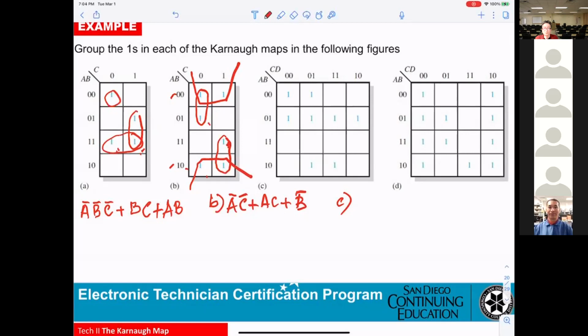Okay, the first one, I can tell you, I want it first. A, what do you get for that loop?